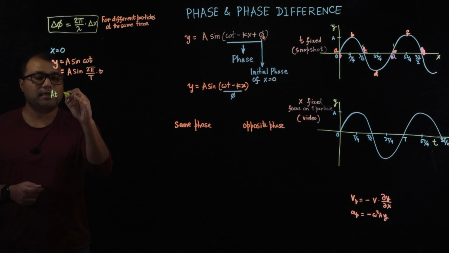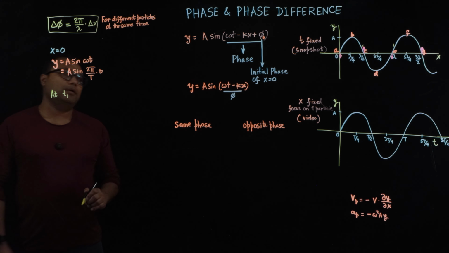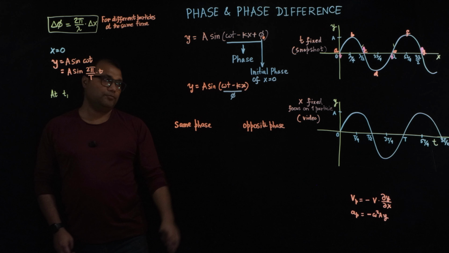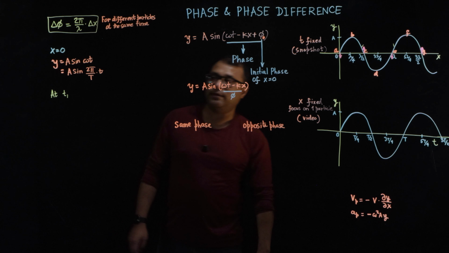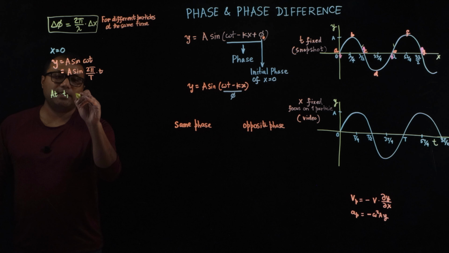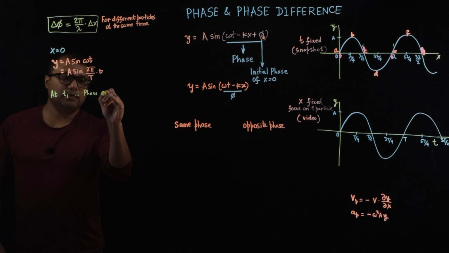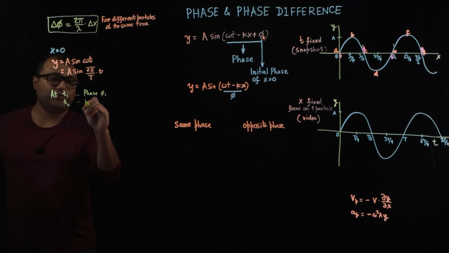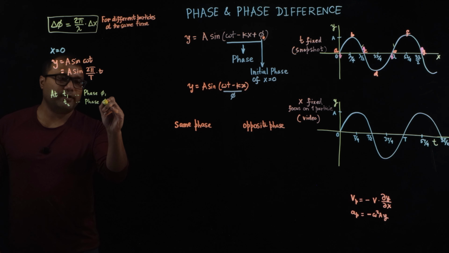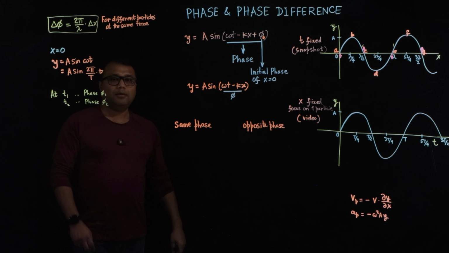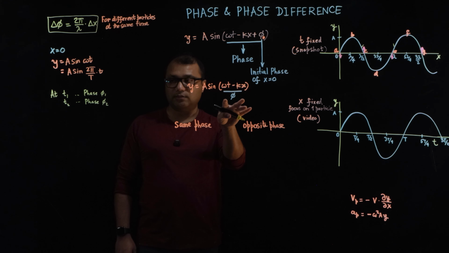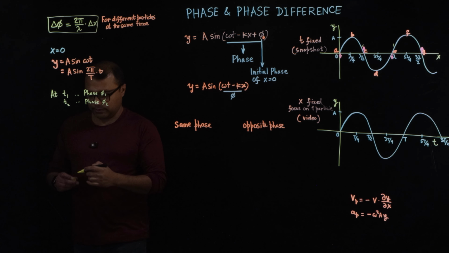Okay. Now let's assume at some time t1, this source particle at x equals 0, for which I am drawing this y versus t graph, the phase was phi1, and at another time t2, the phase was phi2. Okay, what is phi? Again, everything inside this bracket is called the phase. That's what it is.